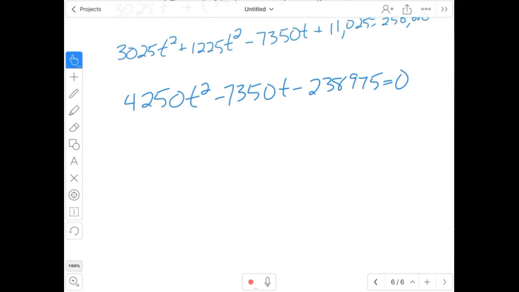So with this, I can finally figure out what my t-values are going to be. So if I am taking a look at this, I can apply these to the quadratic formula.